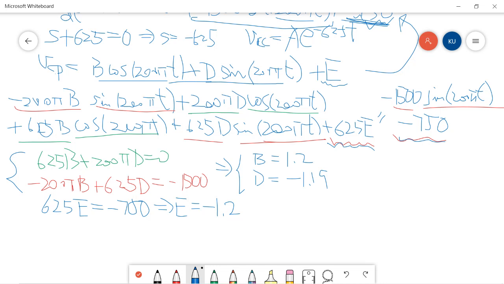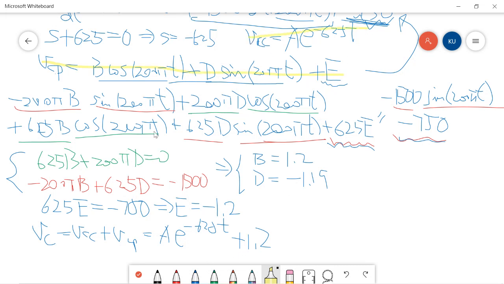Okay, so in this case we will have VC is VCC plus VCP, and VCC is A exponential to minus 625 t plus b. b is 1.2, and you can check this line and this line.